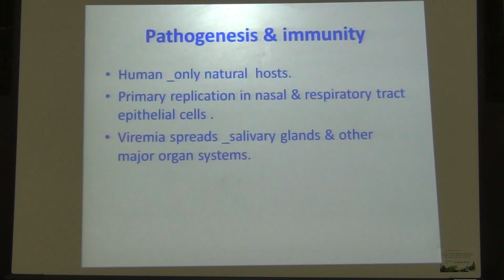As for pathogenesis and immunity, humans are the only natural hosts for mumps. Primary replication occurs in nasal and respiratory tract epithelial cells. Then the virus spreads and causes infection of the salivary glands and other major organ systems.